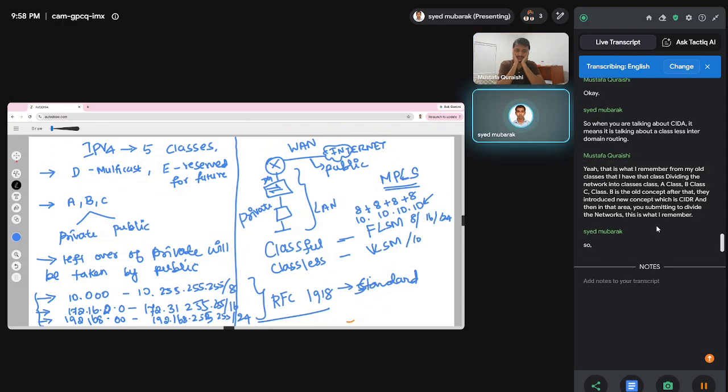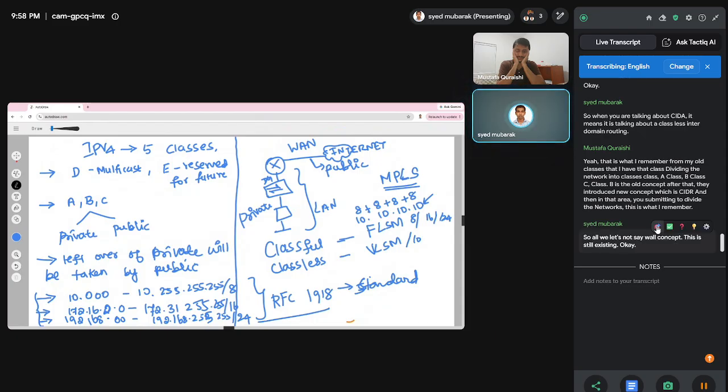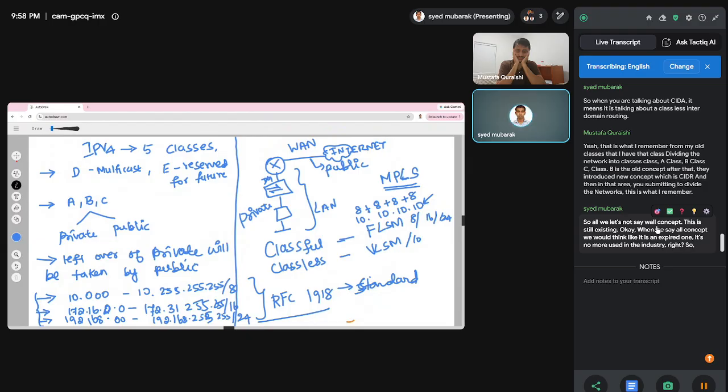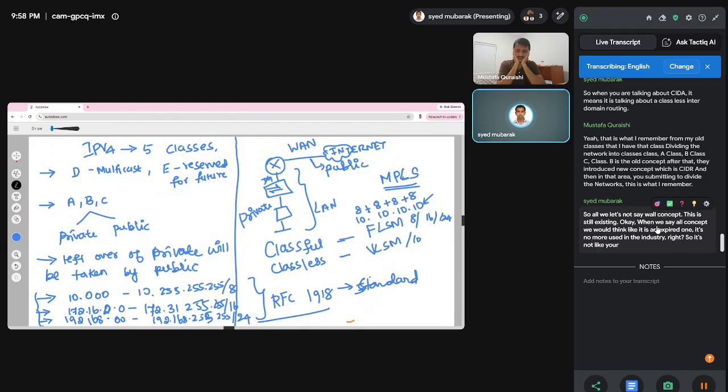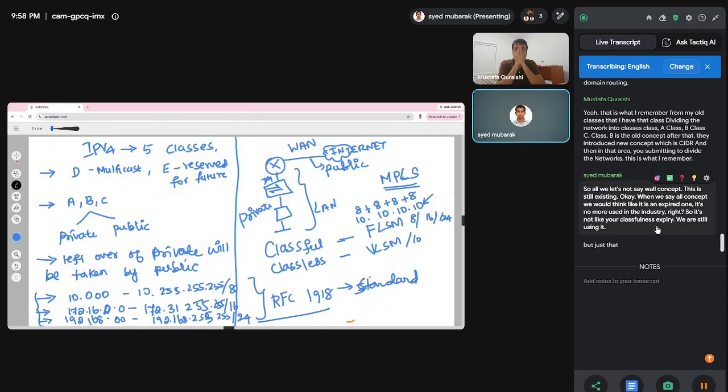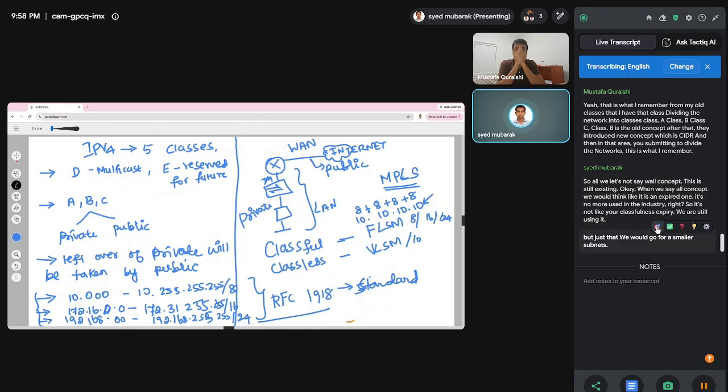Let's not say old concept. This is still existing. When we say old concept, we would think it is an expired one, no more used in the industry, right? It's not like your classful is expired. We are still using it, but we would go for smaller subnets based on the requirement.